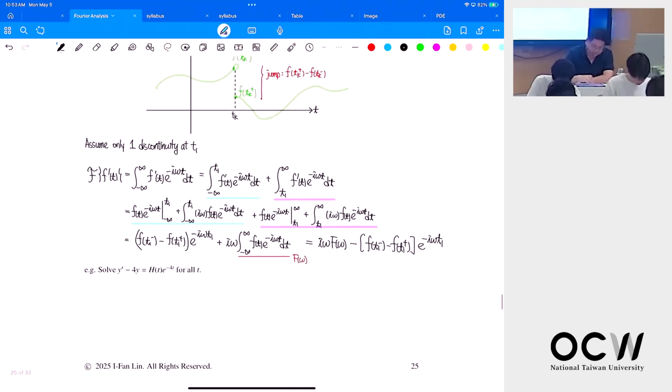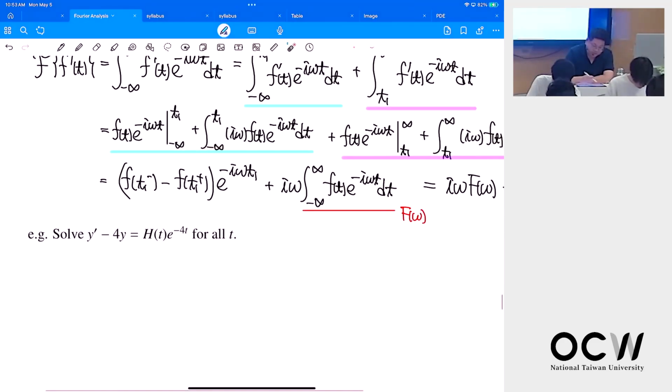So here, suppose I have a differential equation, y prime minus 4y, and this is the forcing term. How do we find a solution in the past? We probably need to guess, right? We may have the particular solution, and how do we find the solution based on the forcing term?